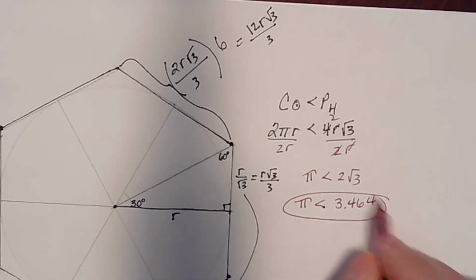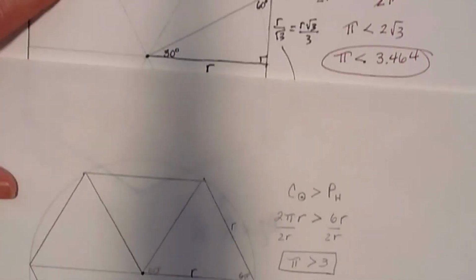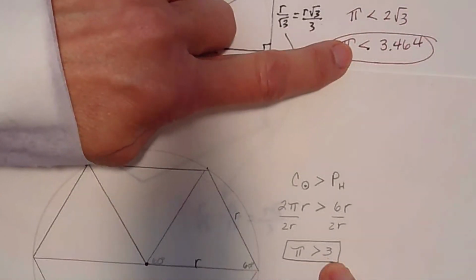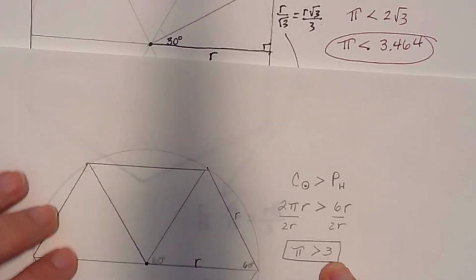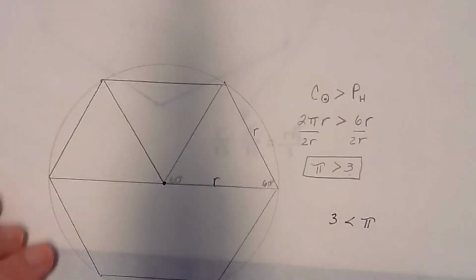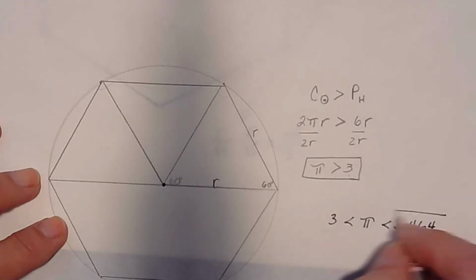So now what I've done is come up with pi being greater than 3 but less than 3.464, which means that the range for pi is greater than 3 but less than 3.464.